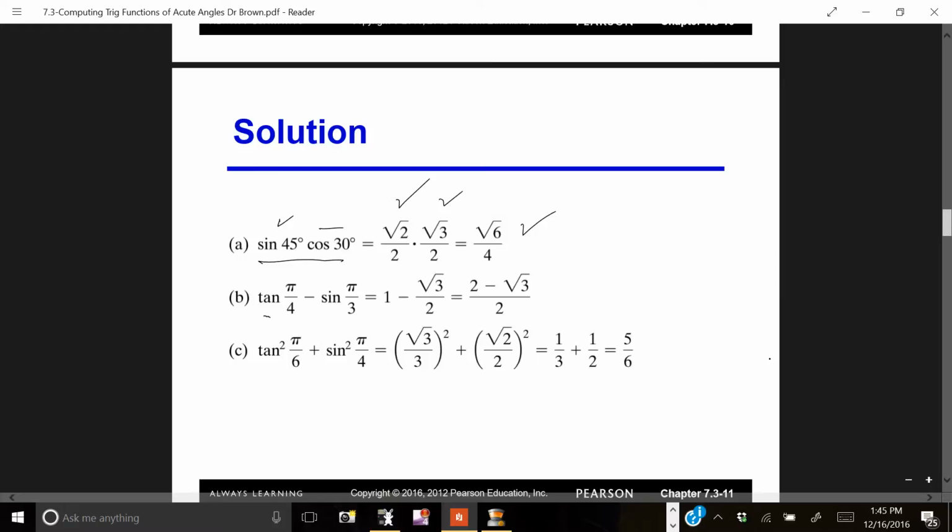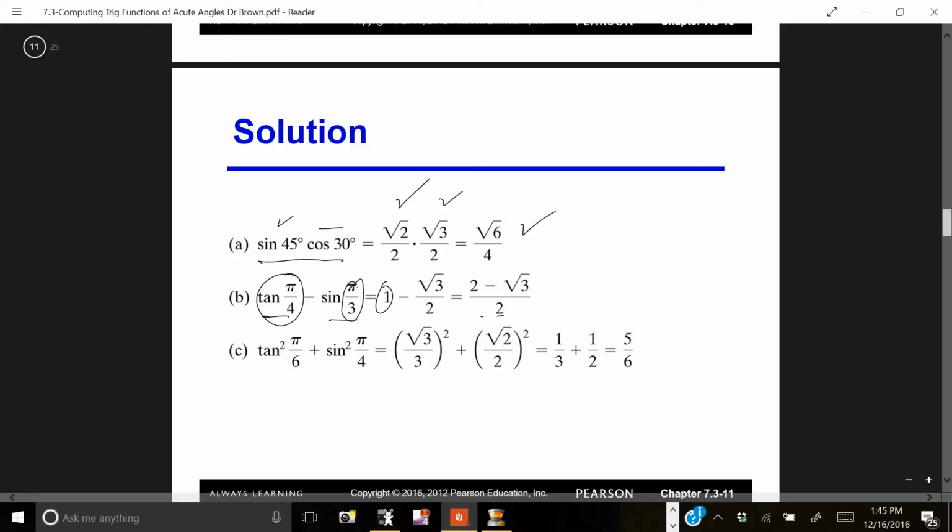The tangent of pi over 4 minus sine of pi over 3. Tangent of pi over 4, remember it's a 45 degree angle. The opposite and adjacent are the same, so that would be equal to 1. Sine of pi over 3 happens to be the square root of 3 over 2.